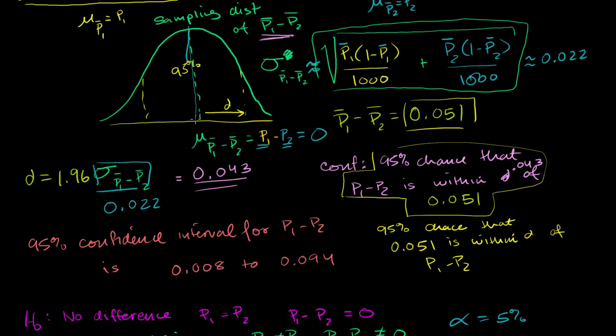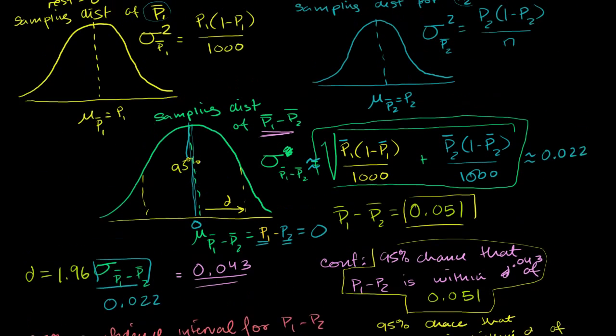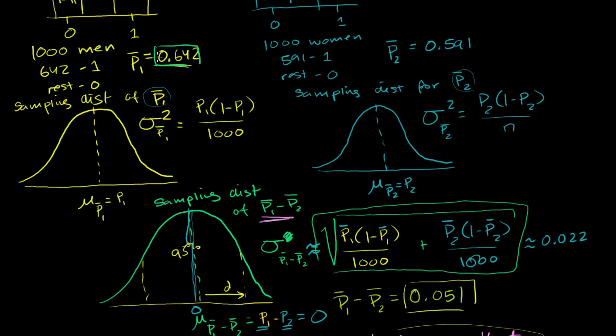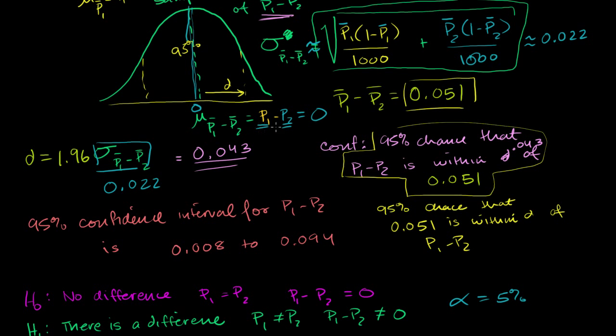So what we can do is figure out that when we took the proportion of men and subtracted from that the proportion of women, this is our sample proportion of men who, at least in our poll, said they would vote for the candidate. This is the proportion of women who said they would vote for the candidate. The difference between the two was 0.051.